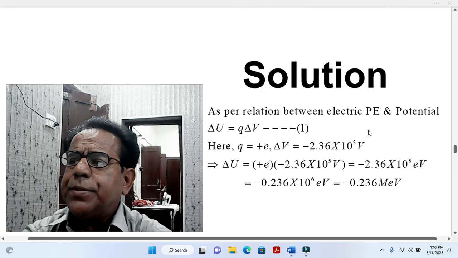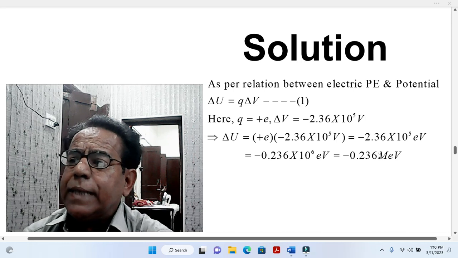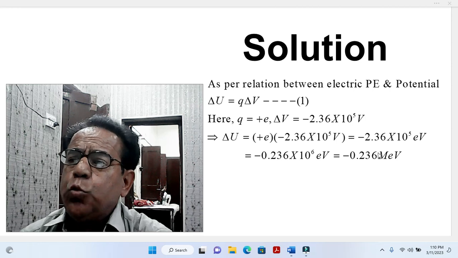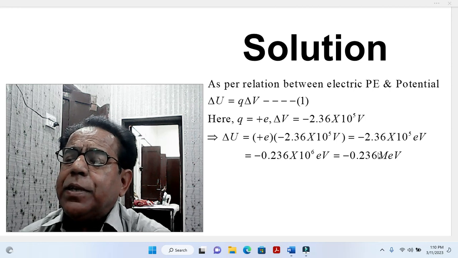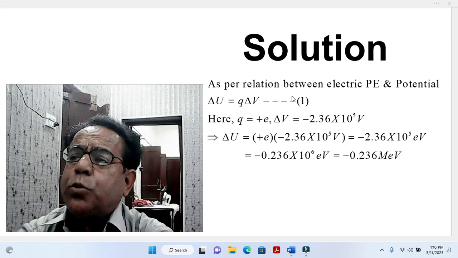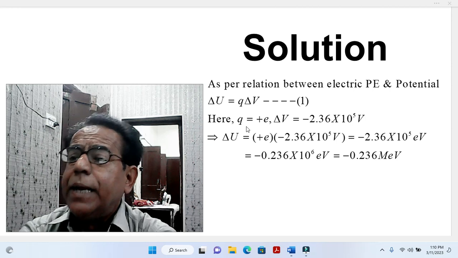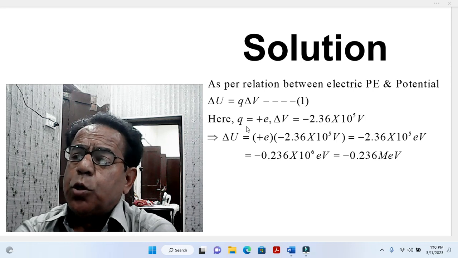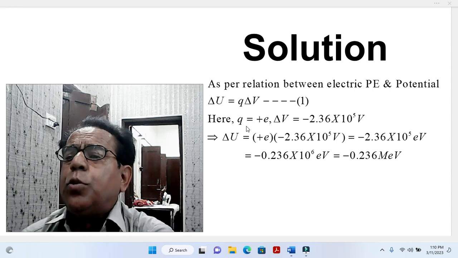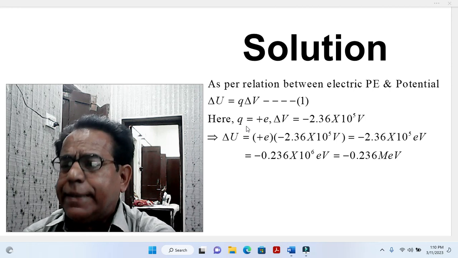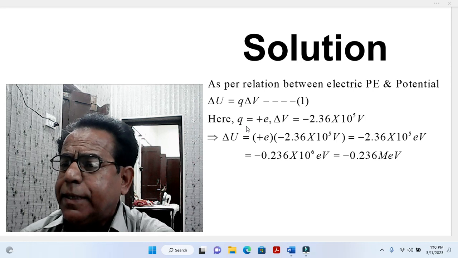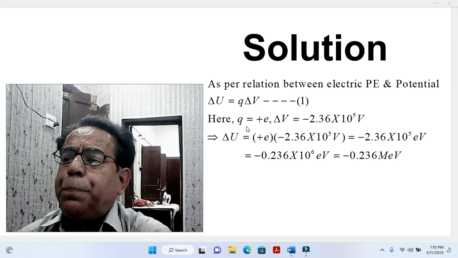Now we come to the solution. As per the relation between electric potential energy and potential, ΔU = QΔV. We give this expression equation number 1, and it is given in our helping tool. Here, the charge on a proton and the charge on an electron are equal but of opposite sign. The charge on an electron is taken as minus e, while the charge on a proton is plus e. Because the proton is under consideration, our charge will be plus e.